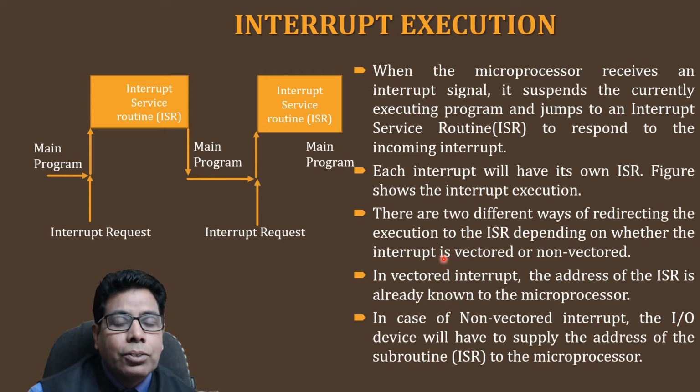In the case of a non-vectored interrupt, the IO device will have to supply the address of the subroutine ISR to the microprocessor, and that will be done with the help of the data bus, and the timing diagram for that will be used. We'll see the details of that later on.